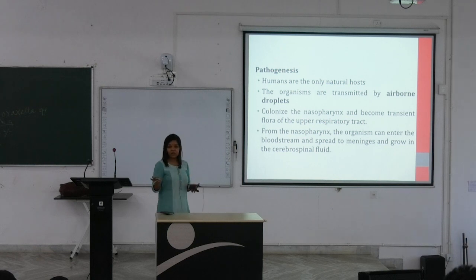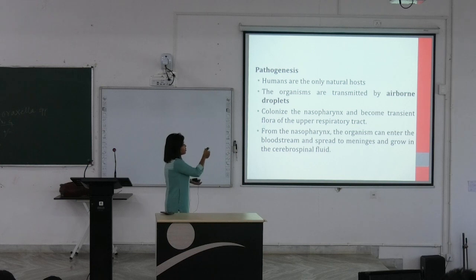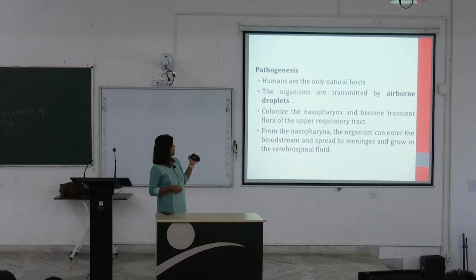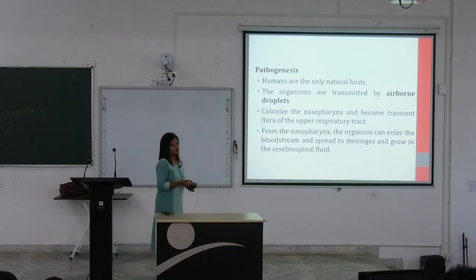So কিভাবে ট্রান্সমিশন, মোড অফ ট্রান্সমিশন, মিটে গেল পয়েন্ট। এইভাবে কোশ্চেন আসবে। Mode of transmission, virulence, pathogenesis, mode of transmission. Mode of transmission কি? Droplet borne infection. Okay. Next হচ্ছে they colonize in nasopharynx. I told you this point. Number is from nasopharynx the organism can enter into the bloodstream and spread to meninges and grow in the CSF.